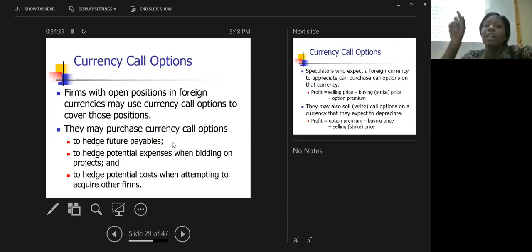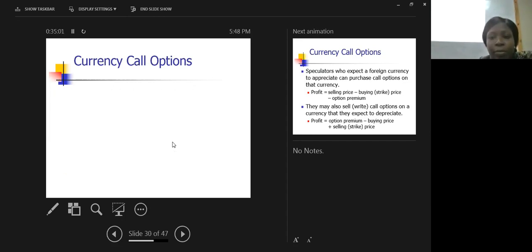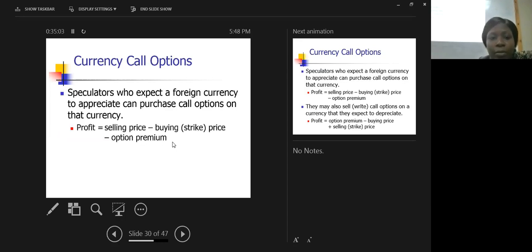So if it goes up, you want to take an option position where, if something increases in value, you are ahead. So that is a currency call, to hedge potential expenses when bidding on projects, and to hedge potential costs.